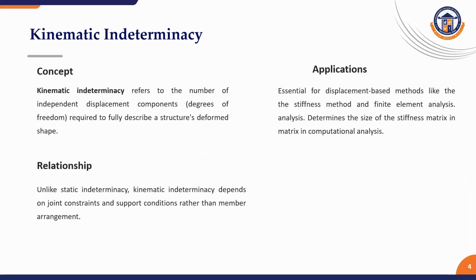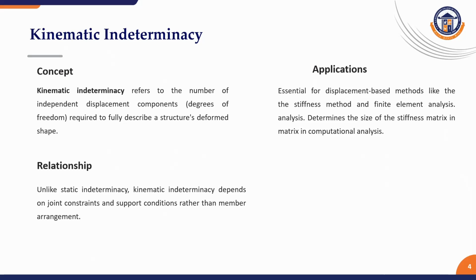Next, kinematic indeterminacy. Now let us briefly look at kinematic indeterminacy. Kinematic indeterminacy refers to the number of indeterminate displacement components or degrees of freedom which is required to describe the deformed shape of the structure. Unlike static indeterminacy, which depends on the forces, kinematic indeterminacy depends on joint constraints and support conditions.